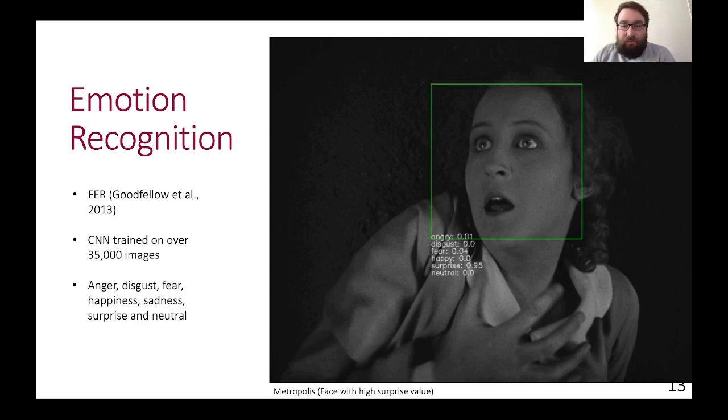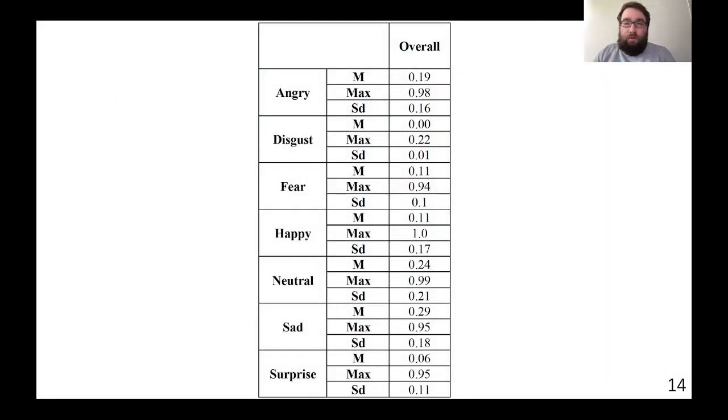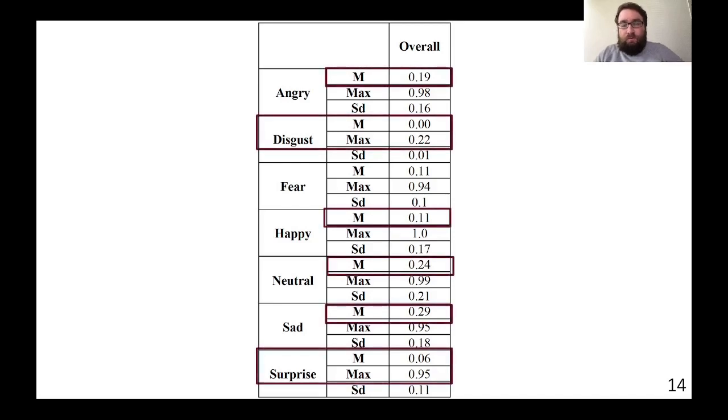We calculate these results over all frames and then build averages for all movies, which leads to the following overall result. Now in this table, the average across all movies is marked, and I will focus on this. The average is of course always quite small, since most of the time values for a single emotion are 0.